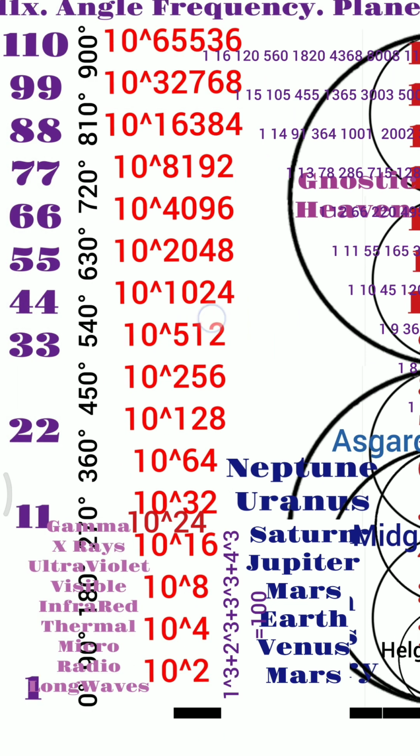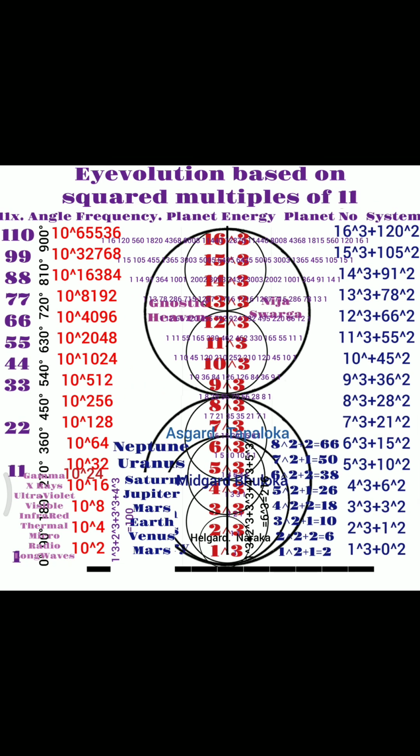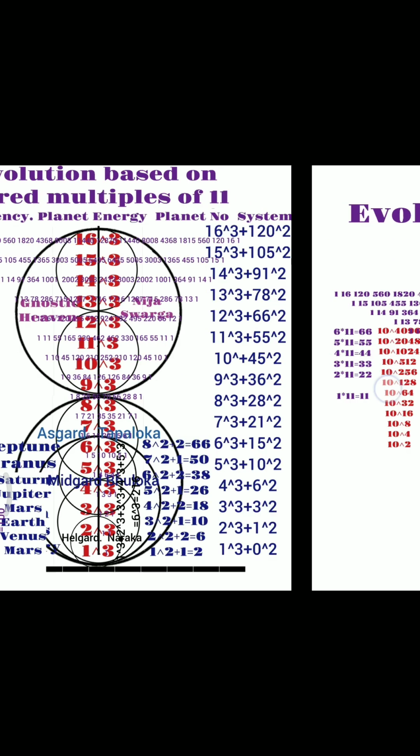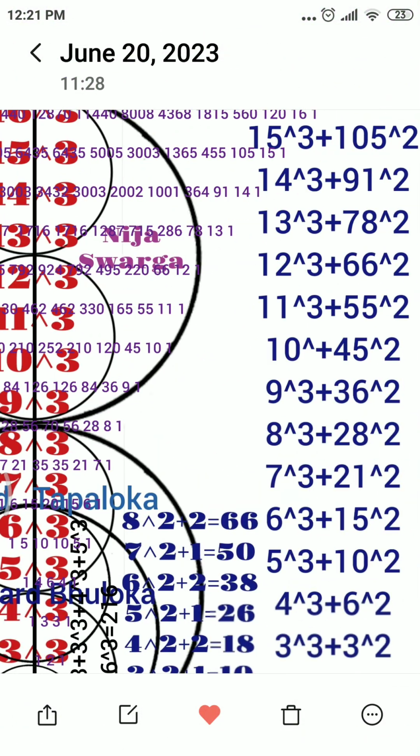Why do I call these the squared multiples of 11? Because this 22 squared, when you look at the overall system, represents 2 into 11 squared, that is 4 11 squares.